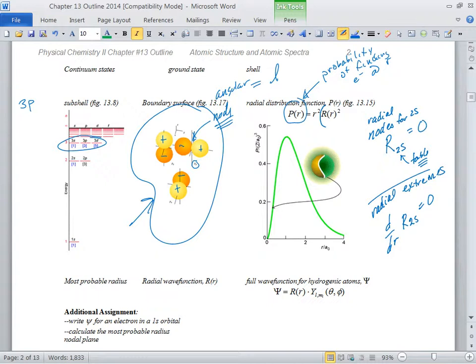And then I think there's one more possible question they could ask with these radial distribution functions. It was to find the most probable radius.